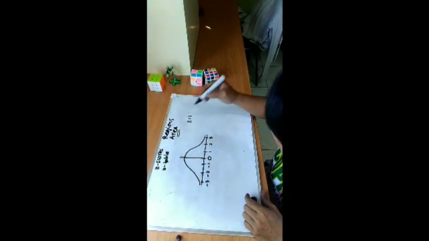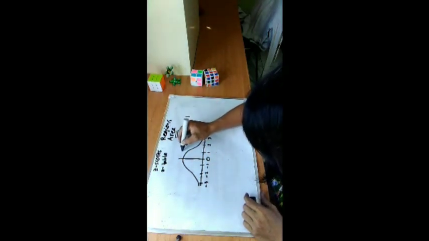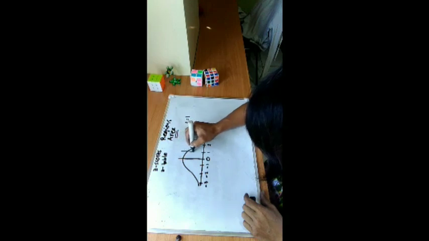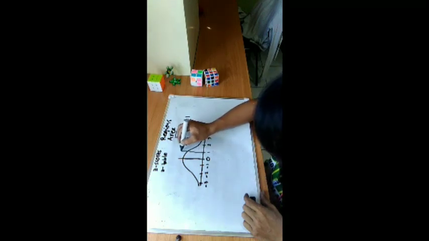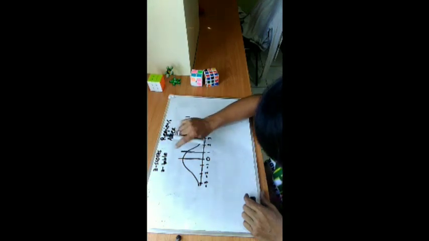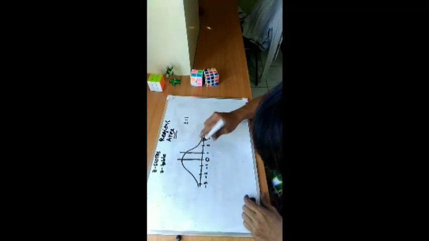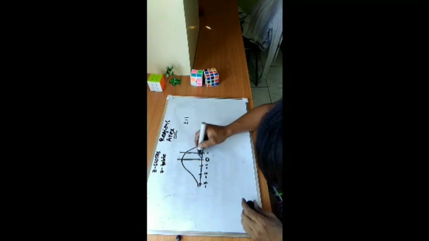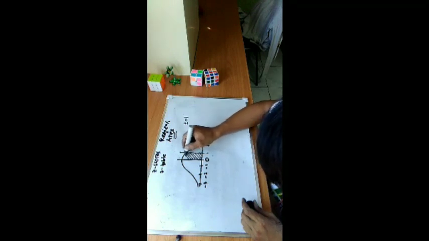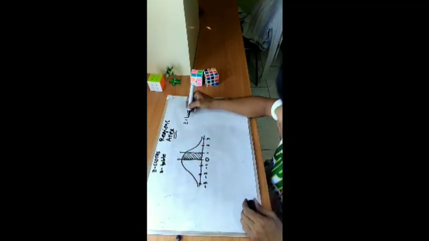Since it is exactly 1, this is the region of z-score equal to 1.